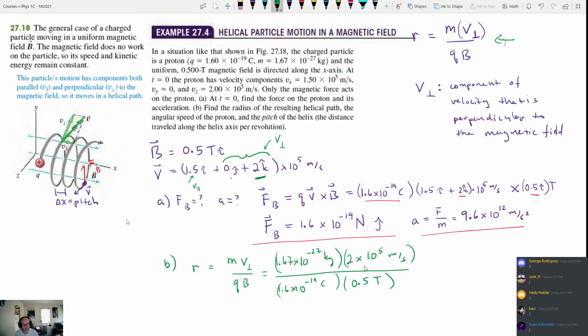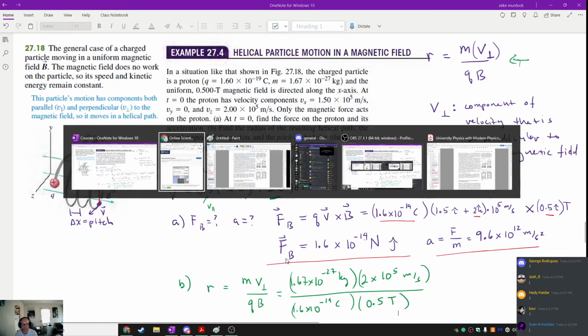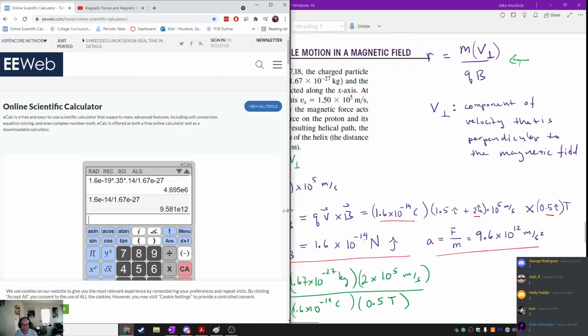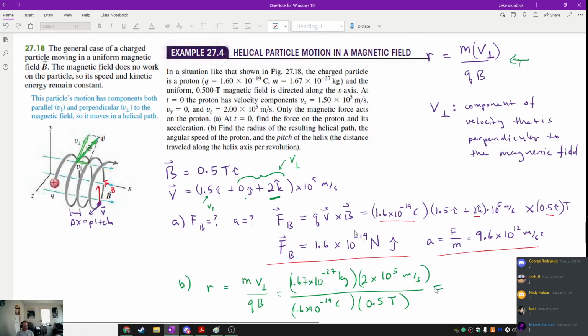Okay, we throw that all into a calculator: times 2e5 divided by 1.6e minus 19 divided by 0.5. And we get 4.17 times 10 to the minus 3. That is the radius of the motion.